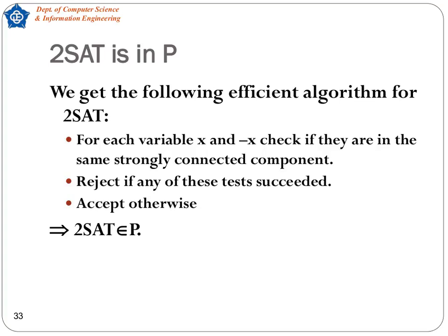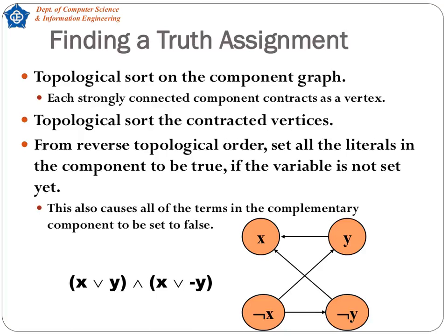Building on that, we begin by constructing the implication graph for our 2SAT formula. Every clause, for example, x or y, yields two directed edges, one from not x to y and one from not y to x. Next, we identify the strongly connected components and contract each into a single vertex, giving us a smaller component graph.